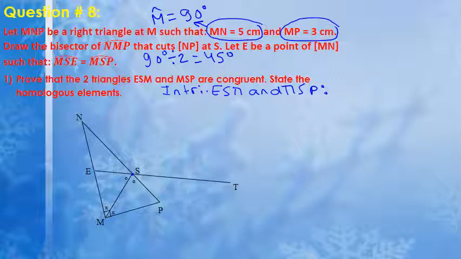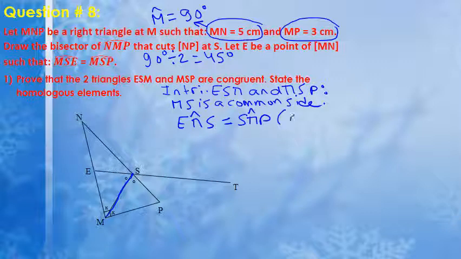First, we can see that between these two triangles, we have a common side, which is MS. So MS is a common side. On this side, we should see the adjacent angles. We have angle EMS equal to angle SMP because MS is the bisector, so these are equal by given. And we have the other adjacent angle ESM, angle ESM is equal to angle MSP.